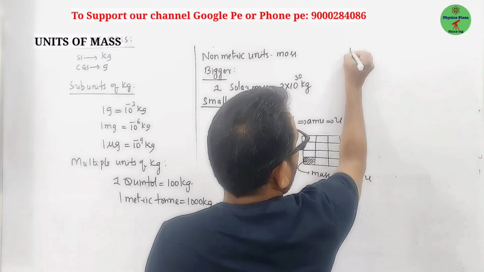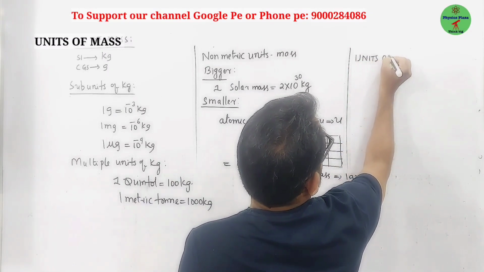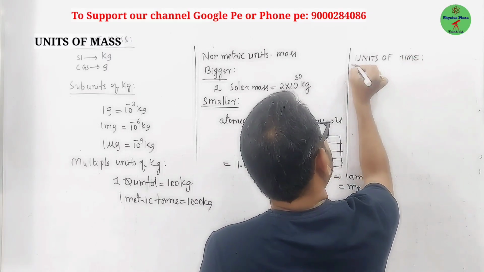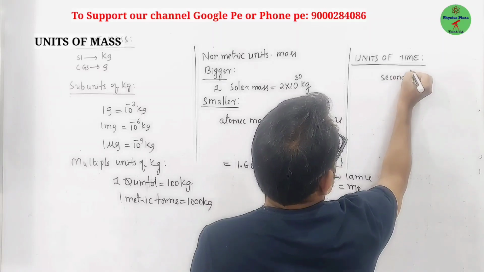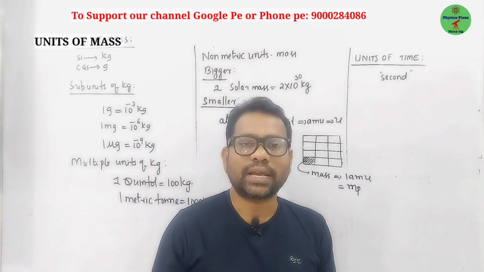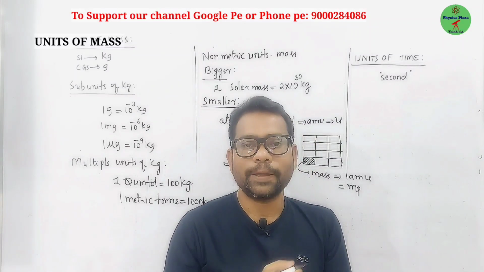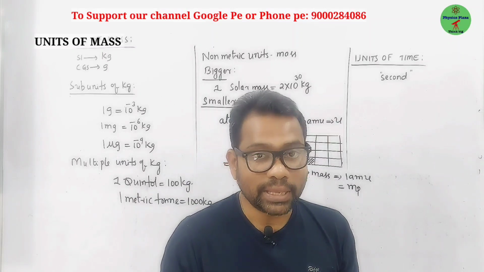Now it comes to the units of time. In all systems of units, the unit of time is the second only. So what is a second, children? One solar day has 24 hours on average.